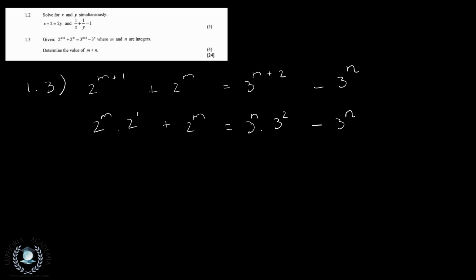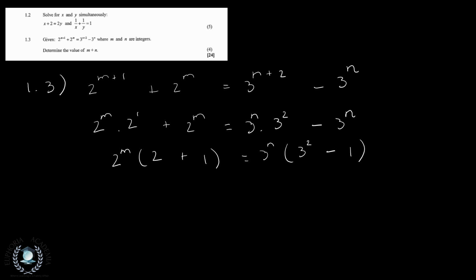Now I can see that we have a common factor on the left hand side. We also have a common factor on the right hand side, so let's take it out. That will be 2 to the power of m multiplied to 2 plus 1, and then on the right hand side, a common factor of 3 to the power of n multiplied to 3 to the power of 2 minus 1.